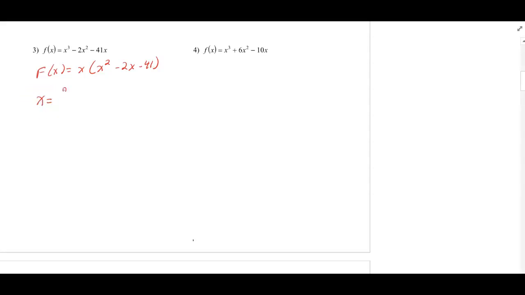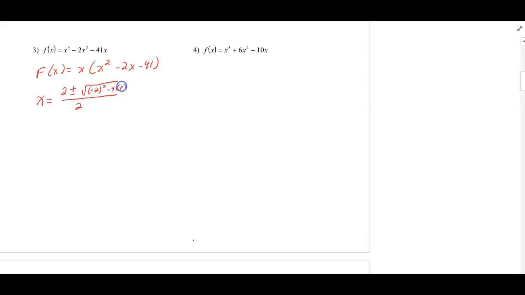So x is equal to the opposite of b plus or minus the square root of the discriminant, all over 2a, so 2 times 1. Calculating the discriminant, so b squared minus 4ac, I'll write this down this time.